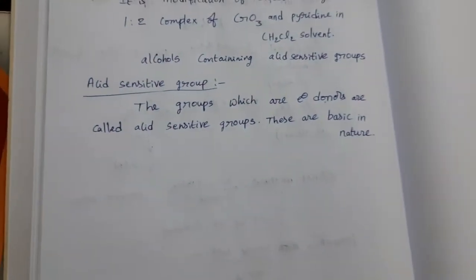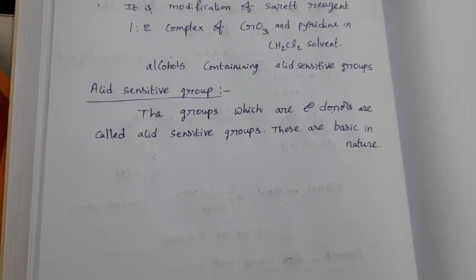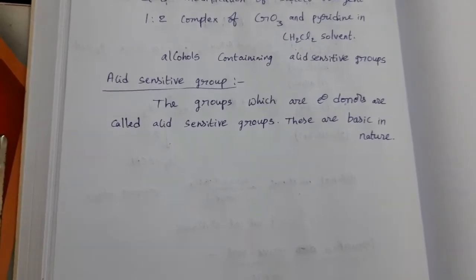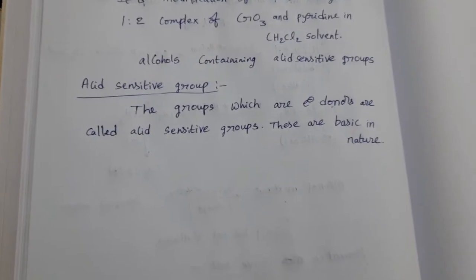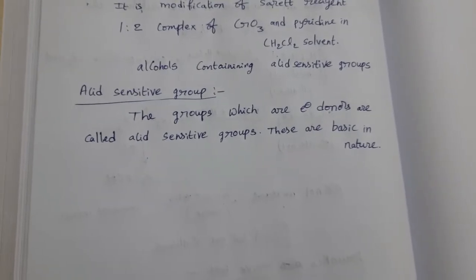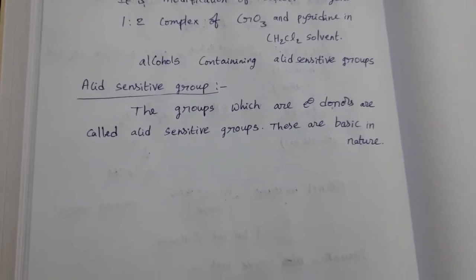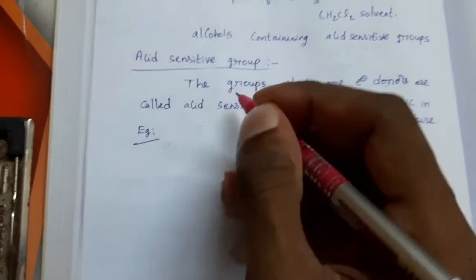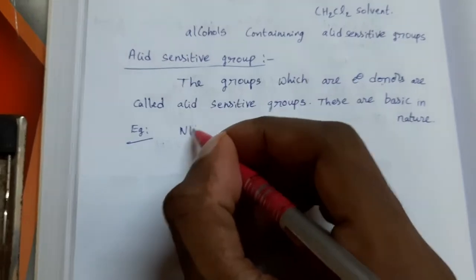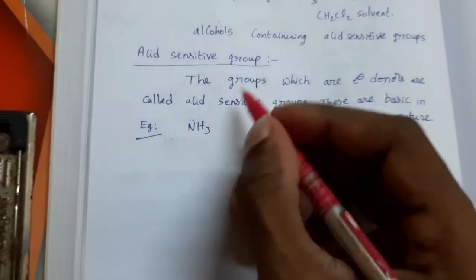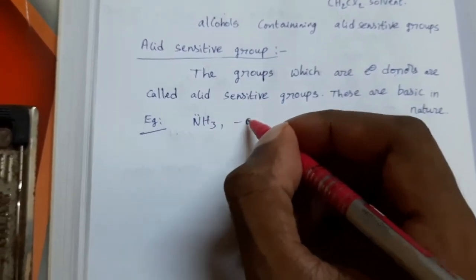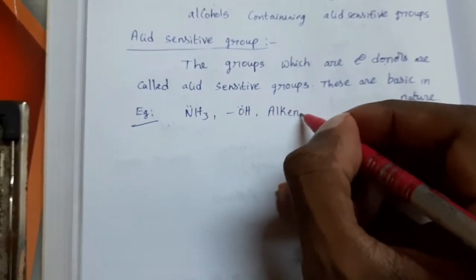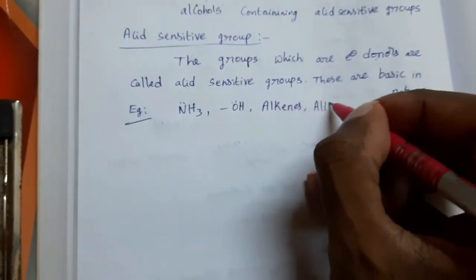According to Lewis theory, acid means electron pair acceptor, base means electron pair donor. Here, groups which can donate electrons are called acid sensitive groups. Example for this: NH3, OH group, and alkenes, alkynes.